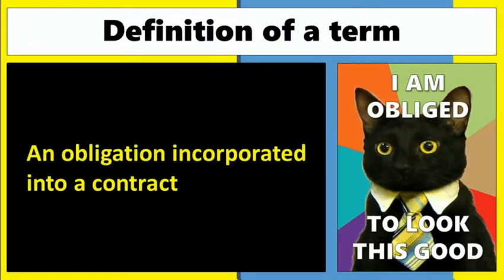Really though, the very first thing to look at is what it is that we're meaning by the word term. And again, we're going to go with a very simple definition here. It's just something that either of the parties are obliged to do. There's a legal obligation, and the lack of performance of that gives the other side some form of remedy.